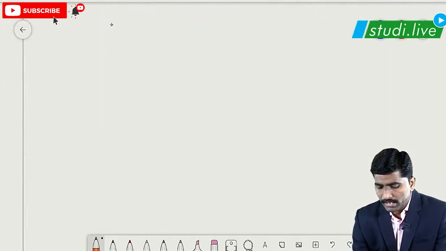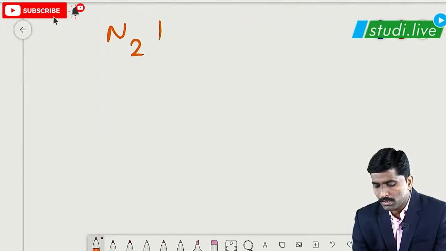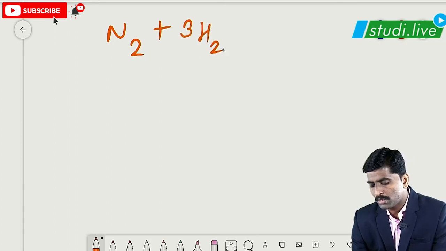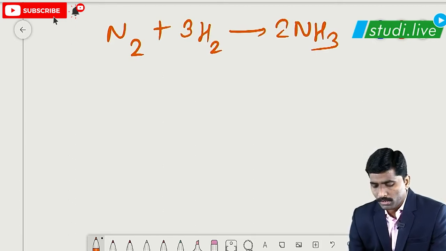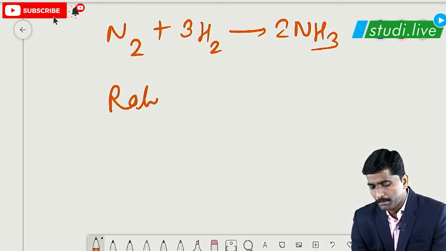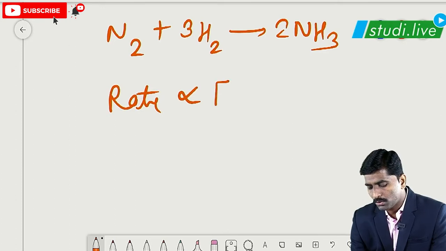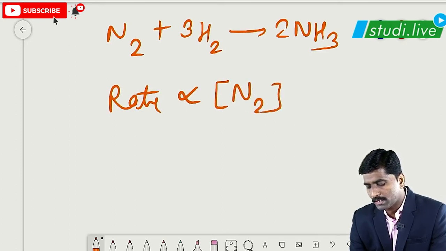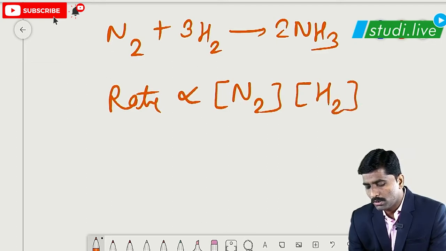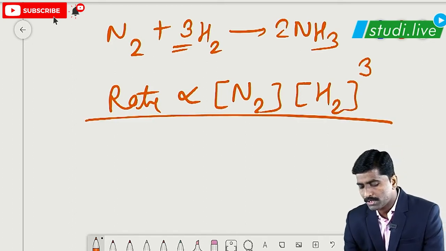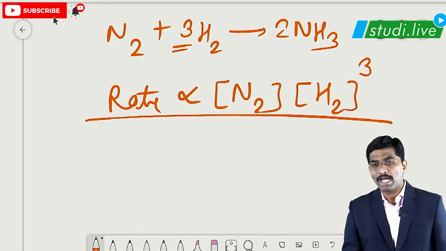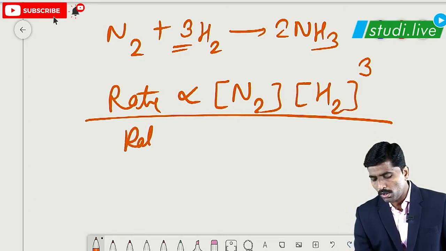If I consider the reaction nitrogen plus 3 hydrogen giving 2NH3, for this reaction, how can I express the rate? Rate is directly proportional to concentration of first reactant, that is N2, concentration of second reactant, that is H2, but stoichiometric coefficient will be expressed in its exponent form, and this whole expression is then known as rate law.